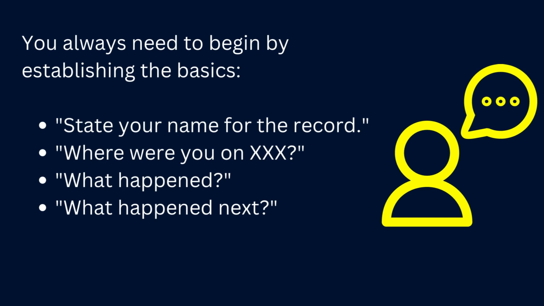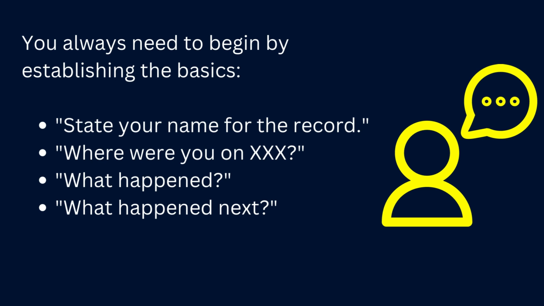So a lot of this should be rote memorization. You always begin by having the witness state their name for the record. Then, for any sort of trial, it's important to ground the jury in where the person was in relationship to the case at hand. So, where were you?